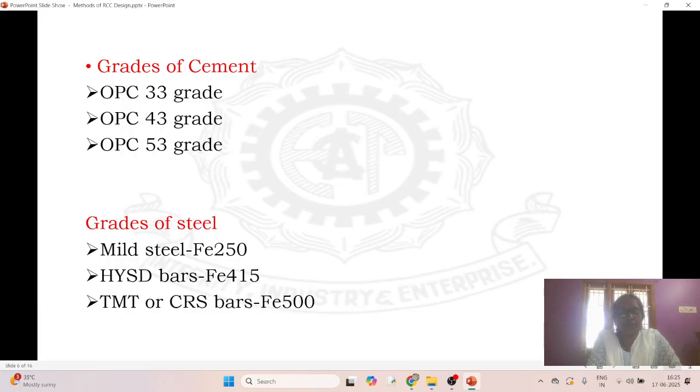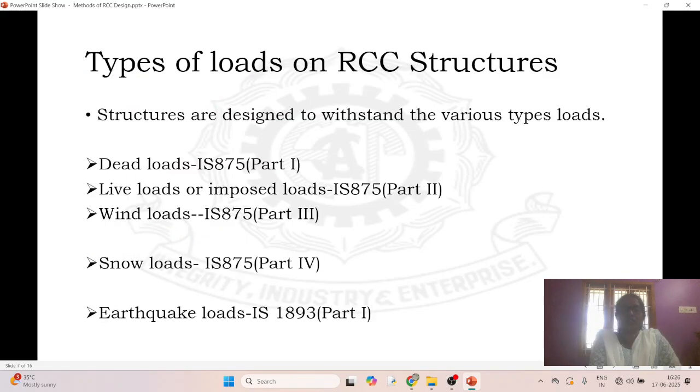Fe indicates the ferrous content, and 250 is the minimum yield strength of the steel: 250 Newton per mm squared. Similarly, 415 is the minimum yield strength in Newton per mm squared, and Fe 500 means minimum yield strength of the bars is 500 Newton per mm squared.